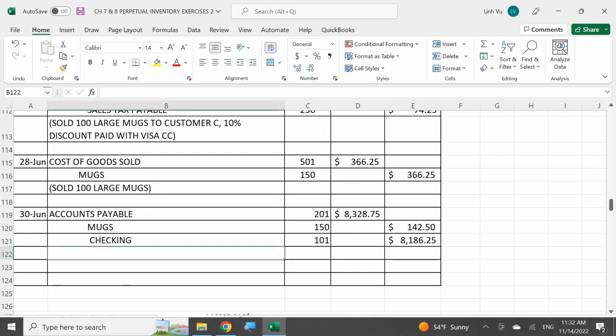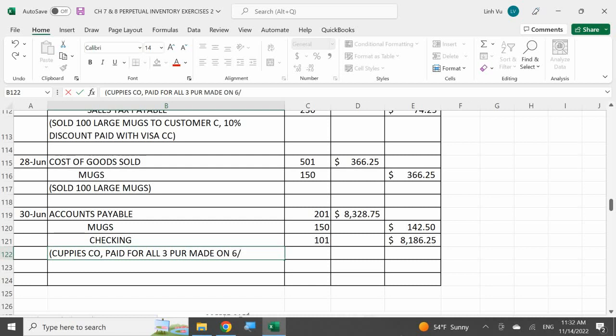And you're going to finish off your description saying that you wrote a check to Cuppies Co., paid for all 3 purchases made on June 3rd, June 12th, and June 21st.